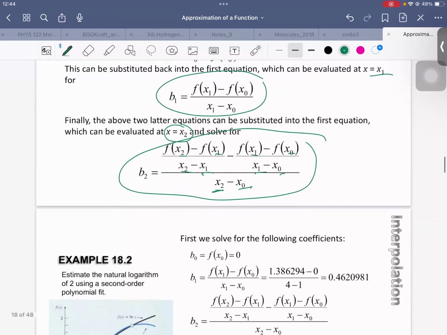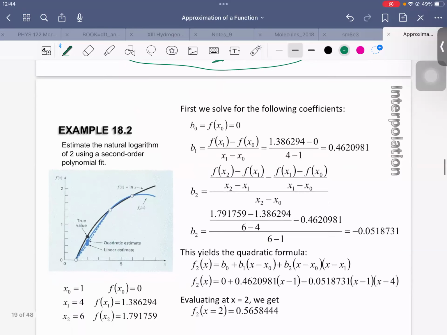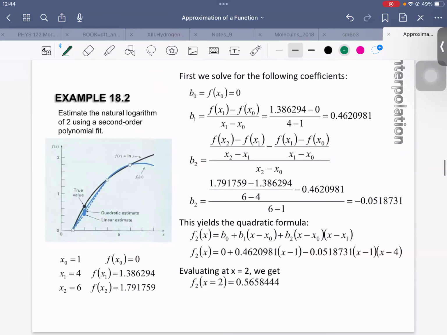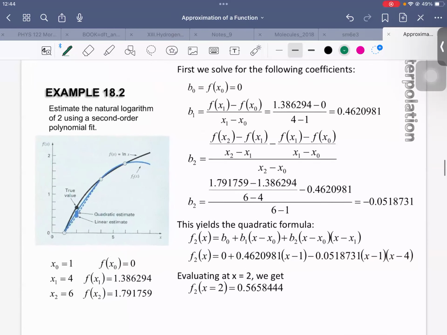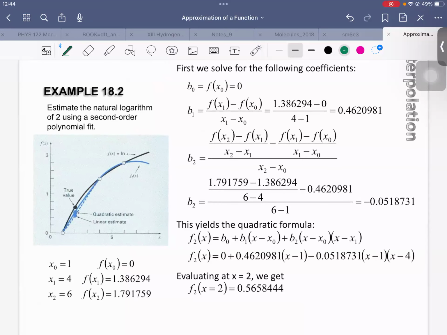Now, the earlier problem, the logarithm ln of 2. So instead of linear, we use quadratic. If you plot the quadratic equation, the curve will pass through like this. So the true value is somewhere here. Let's see what the estimate is.